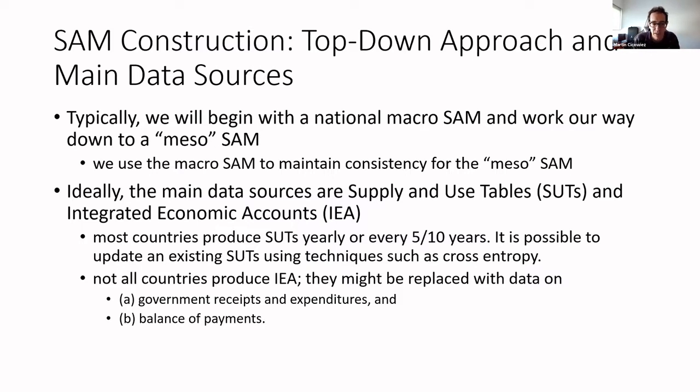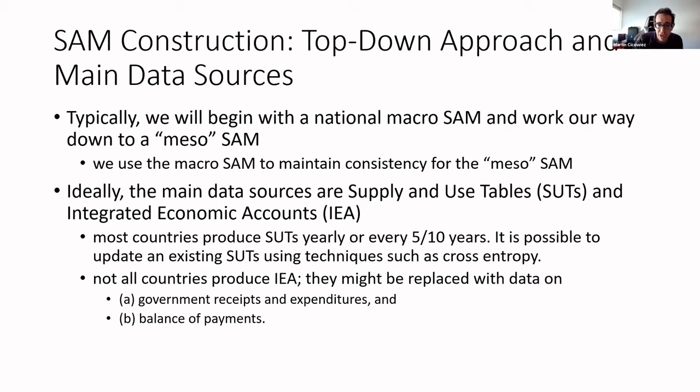We are going to have, let's say, at most 100 sectors. It really depends on the country, but we are not going to be working with individual firms or individual households within the social accounting matrix. That is why I'm not calling it a micro social accounting matrix, but a meso, in the middle, social accounting matrix. We are going to have some sectors, but not all of them.